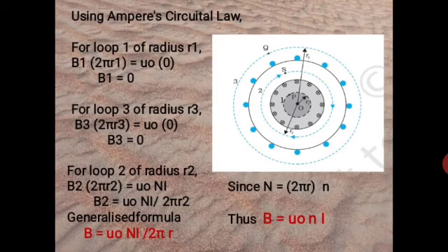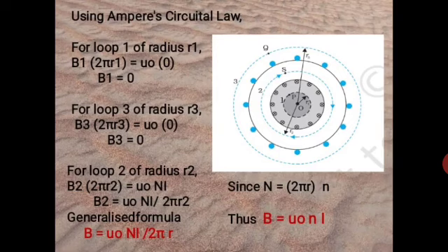Now, B2 equals mu naught N I upon 2 pi R2. Let us generalize and write the equation as B equals mu naught N I upon 2 pi R. This is the equation for the magnetic field at any point inside a toroid of average radius R.